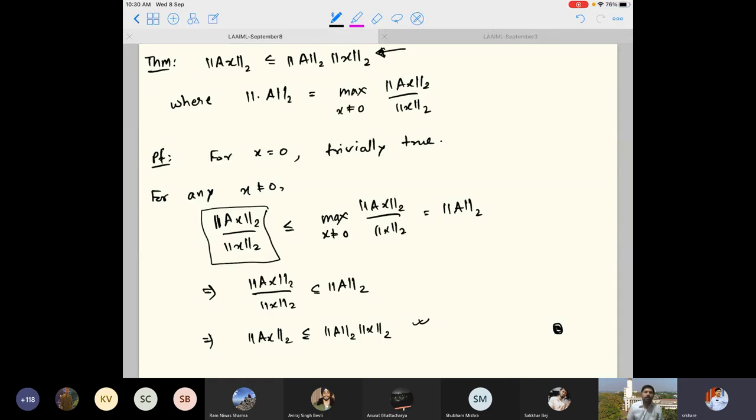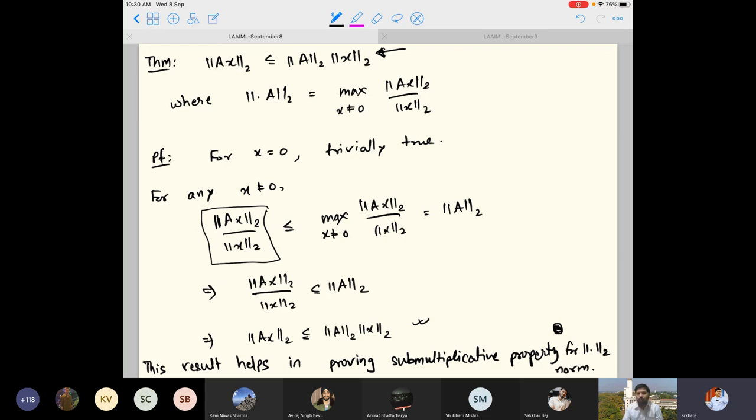This is important because this result will help me prove all the 4 properties, especially the submultiplicativity property for the matrix 2-norm.